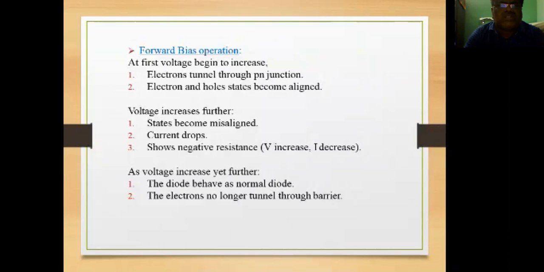Forward bias operation. At first, as voltage begins to increase, electrons tunnel through the PN junction. Electron and hole states become aligned. Next, as voltage increases further, the states become misaligned and the current drops, giving negative resistance: V increases, I decreases. As voltage increases further, the diode behaves as a normal diode, and the electrons no longer tunnel through the barrier.